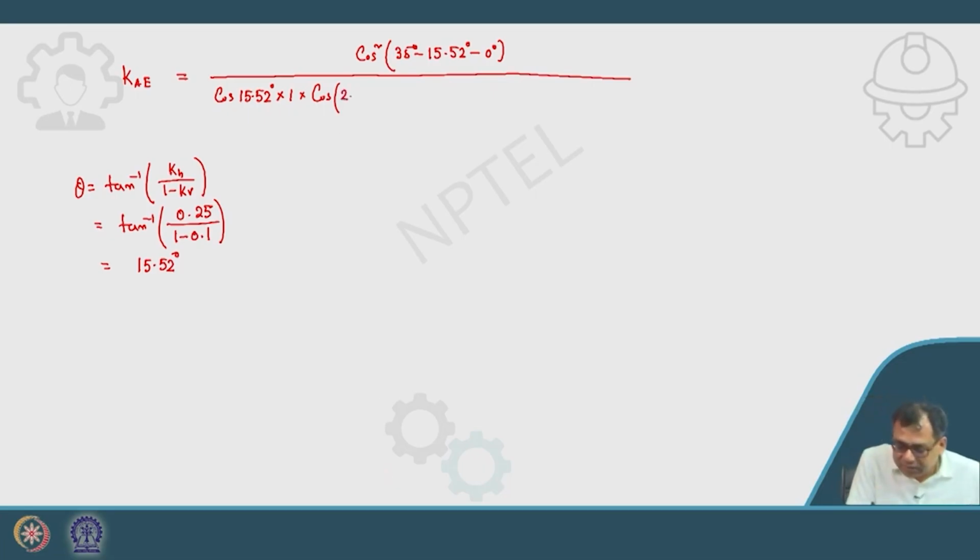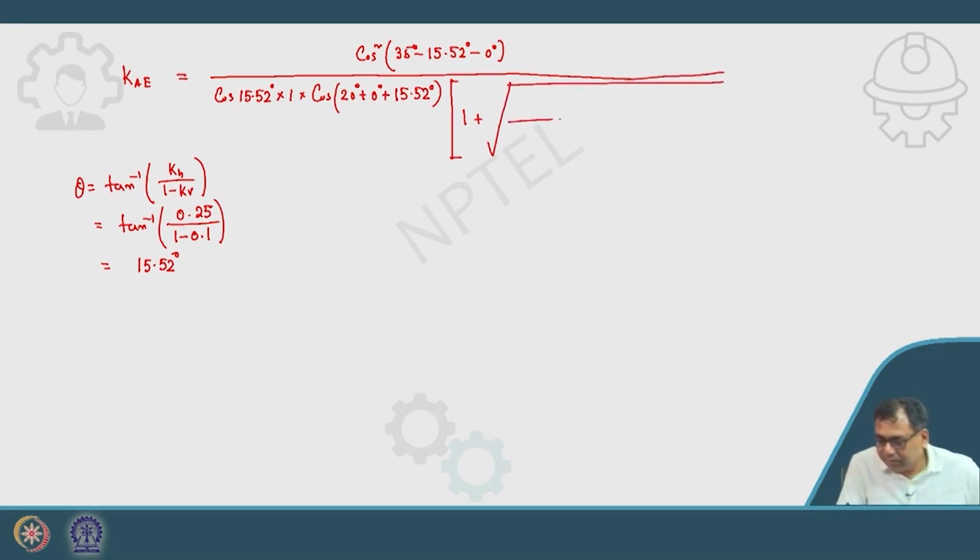So delta is 20 degree, beta is equal to 0, theta will be 15.52 degree. Into 1 plus root over, within root it is sine of phi plus delta.